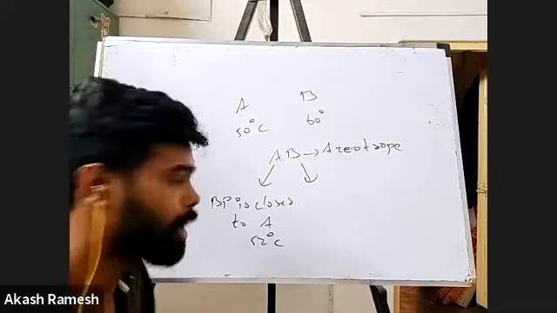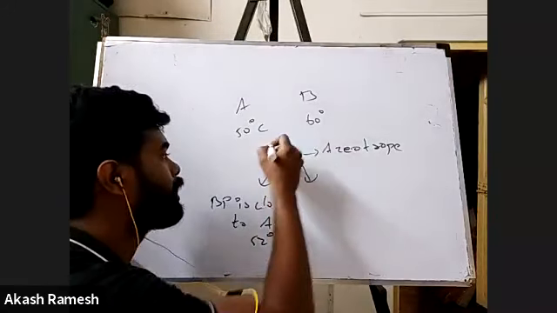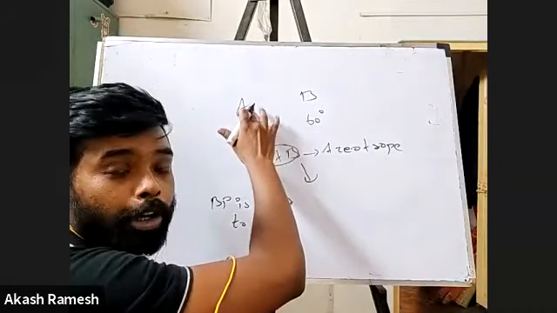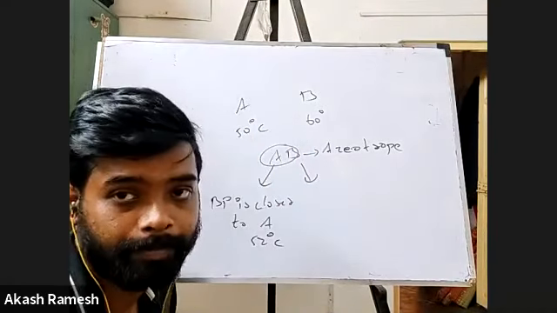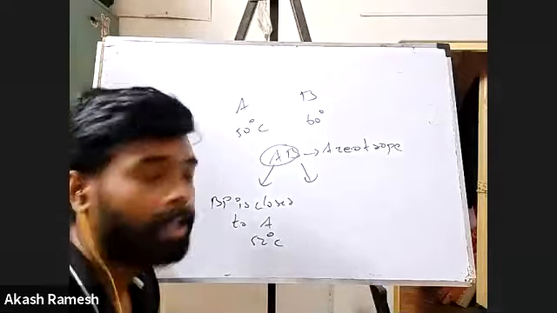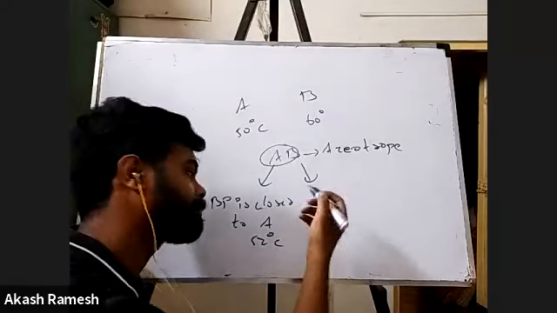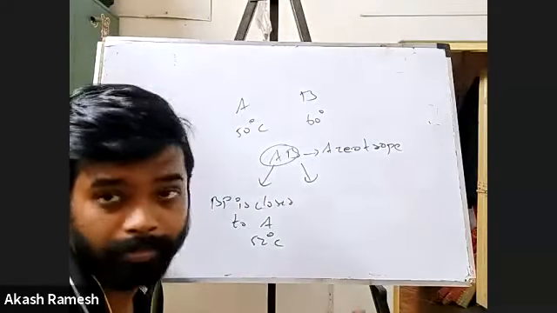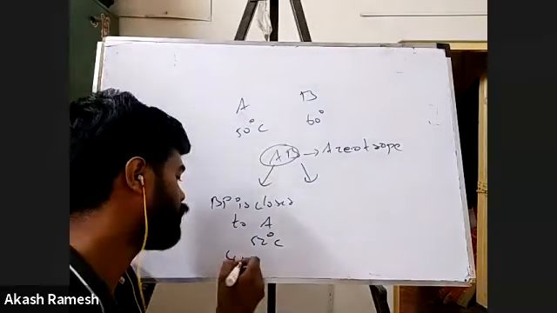In the sense, the boiling point of AB is closer to the boiling point of A. It can even be lesser than this. There can be a case where it is even 48 degrees Celsius.